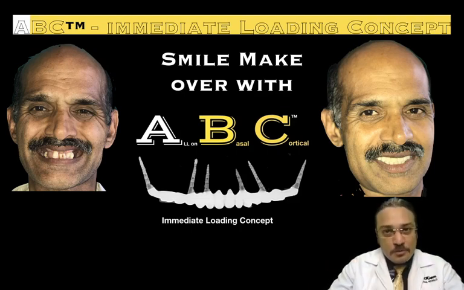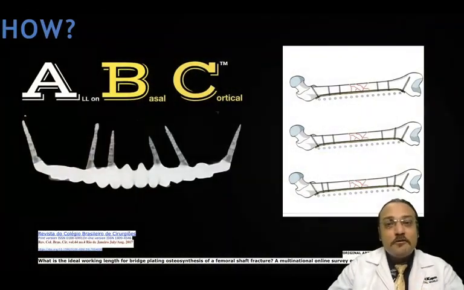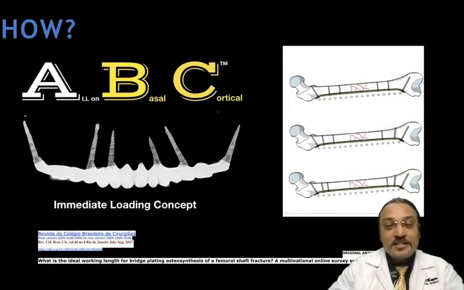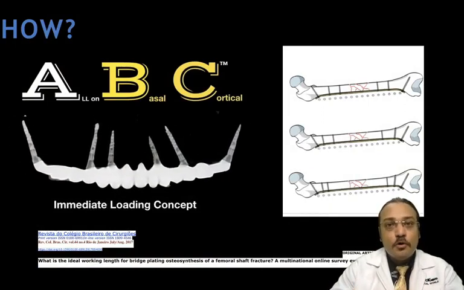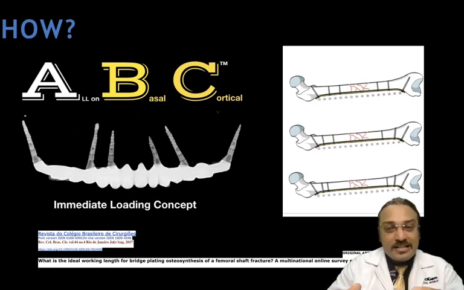The technique which I am going to describe in this video is ABC, that is all on basal cortical, and this is simply based on a principle of orthopedics. If you can see on the right side image, that is a fractured femur bone of your leg, and that's where this fractured segment of the femur bone is stabilized with the help of a fixation screw and a plate.